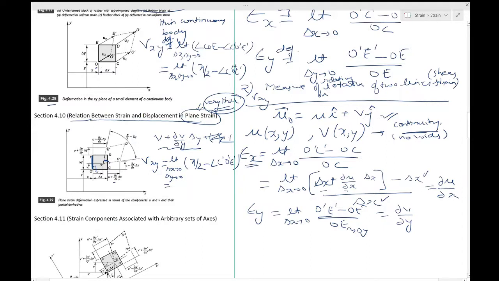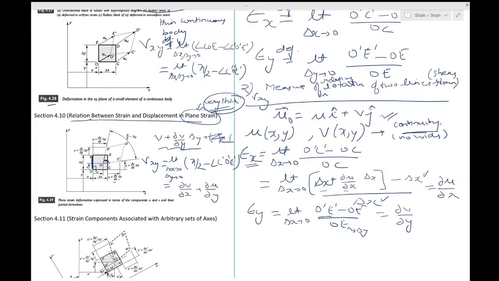So this you will see will come out to be dou v by dou x plus dou u by dou y. So you can check your book also. I mean, the diagram perhaps will be more clear over there, and you should be able to write this angle accordingly. Okay.